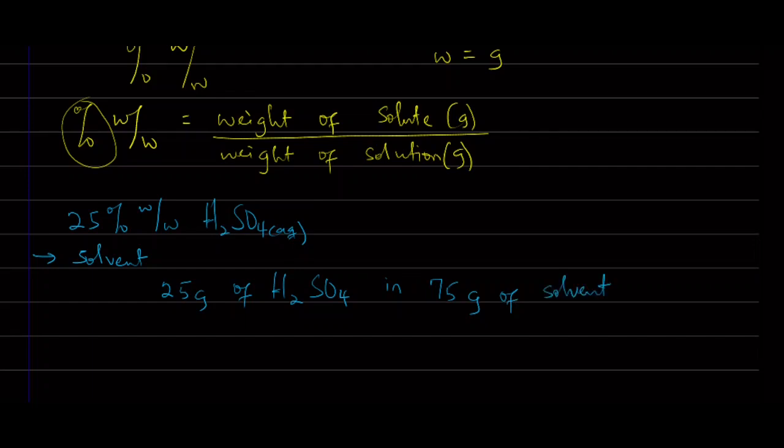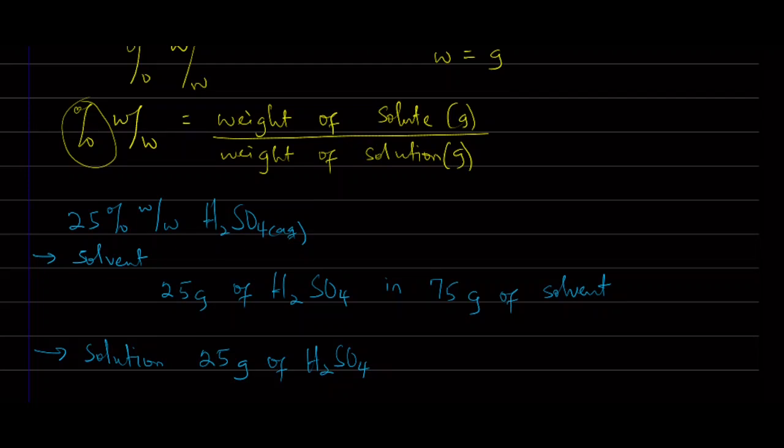I can also interpret it with respect to the solution by saying 25 gram of H2SO4 is present in 100 gram of the solution, since the whole solution is expressed in percentage, so it's going to be 100. So whenever we are given weight per weight, it is always the solute with respect to the solvent or the solution.